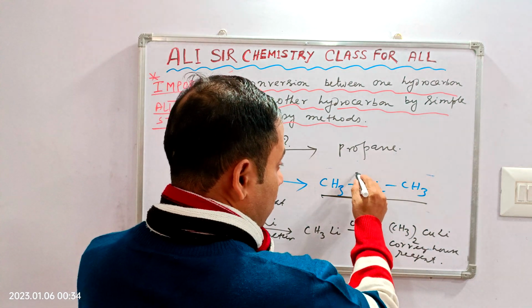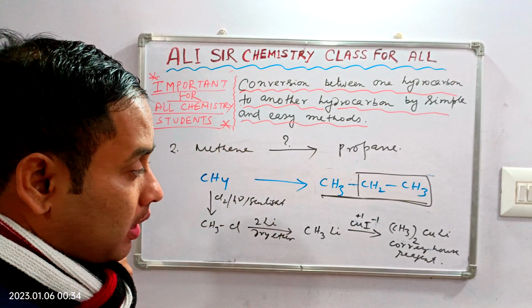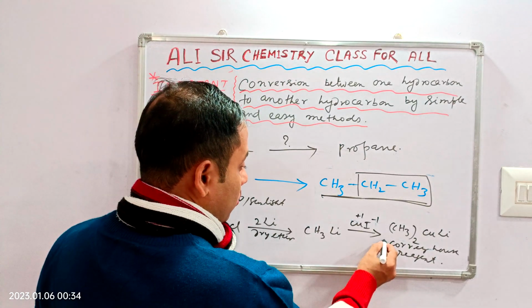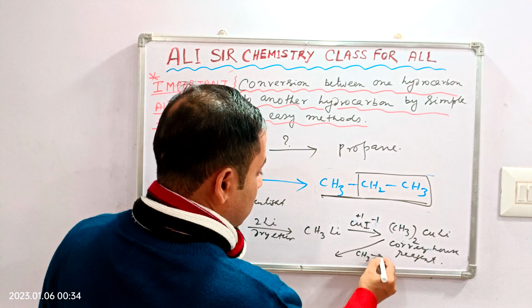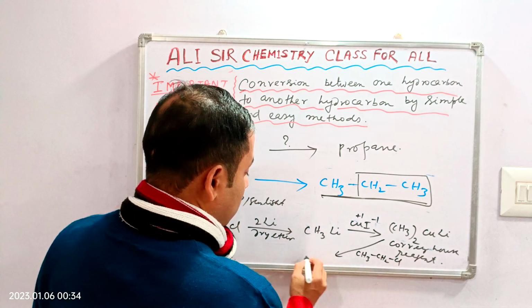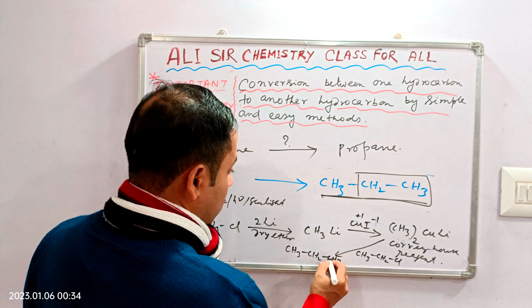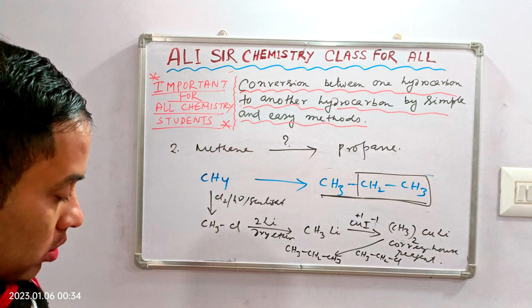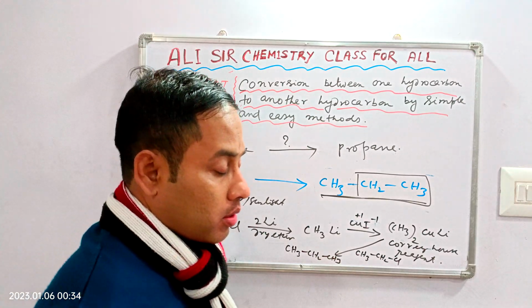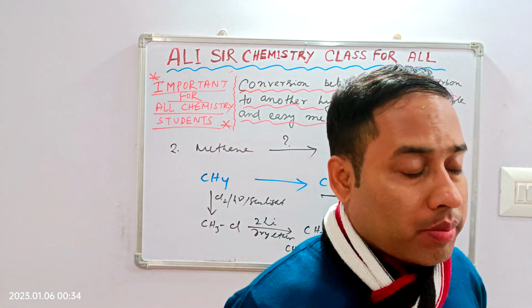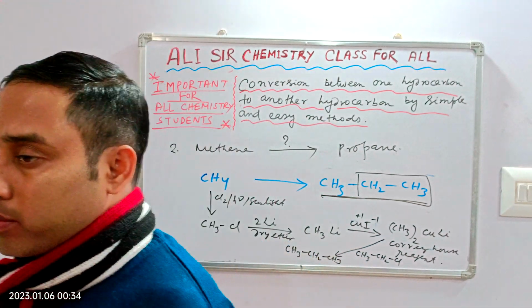So, to carry out the conversion, we have to use another alkyl halide with the Corey-House reagent, which is CH3CH2Cl. CH3CH2Cl or Br will easily give CH3CH2CH3. So I have learned here two methods: the preparation of ethane from methane and the preparation of propane from methane.